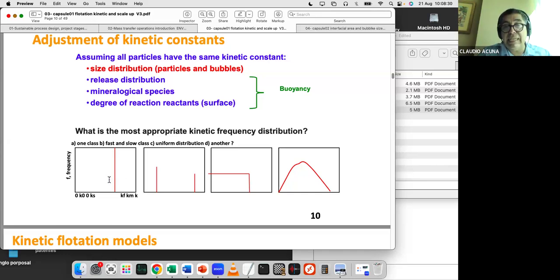So when you put one single K value in the frequency, this is not true. You can say you have slow particles or fast particles in kinetics, or you can have a distribution like Klimpel or a different shape.